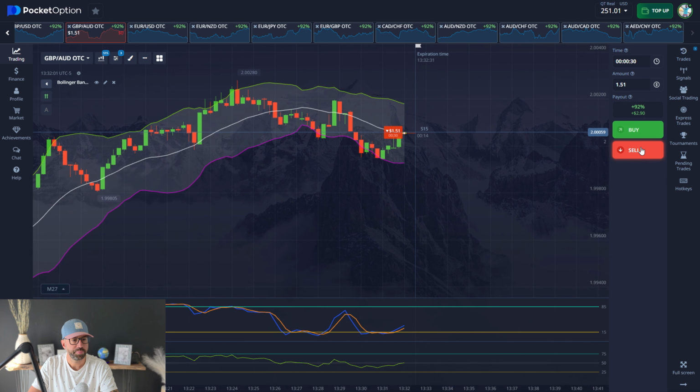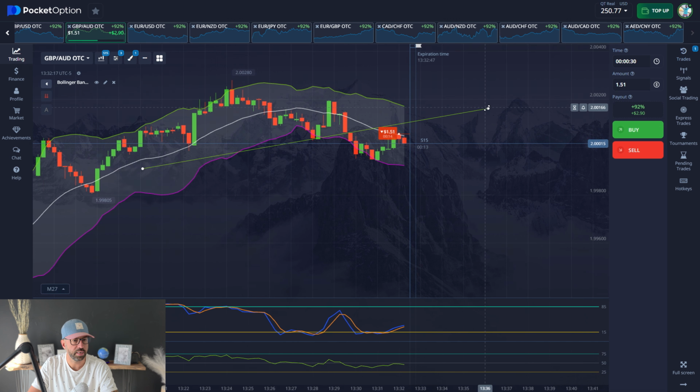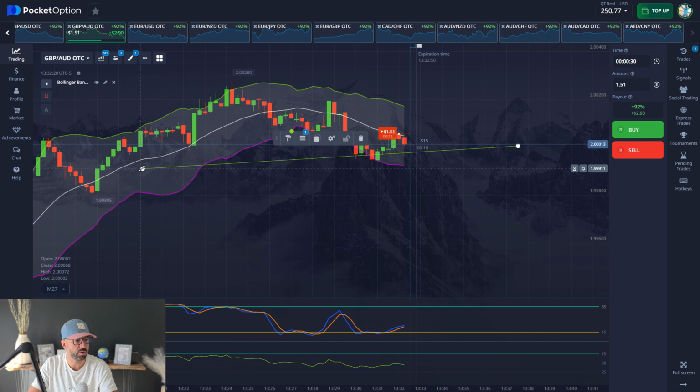Let's see if this is a full reversal and it is on its way up, or if this is going to hit that middle trend line and then make its way back down because we are on a downward trend. If we draw a trend line, let's see if this trend line will work for us before this trade closes.